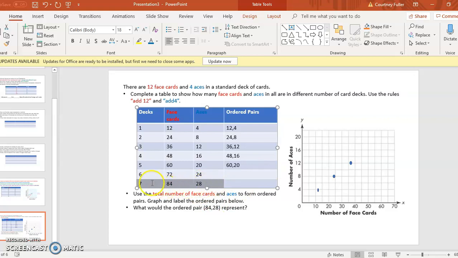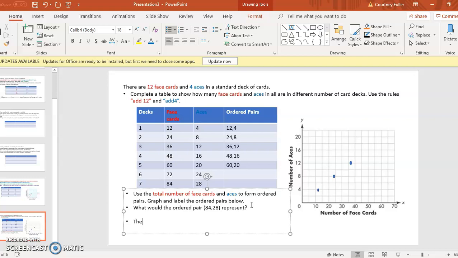And we can see that it represents how many decks of cards? 7 decks of cards. So we would answer that question by saying the ordered pair 84, 28 represents 7 decks of cards.